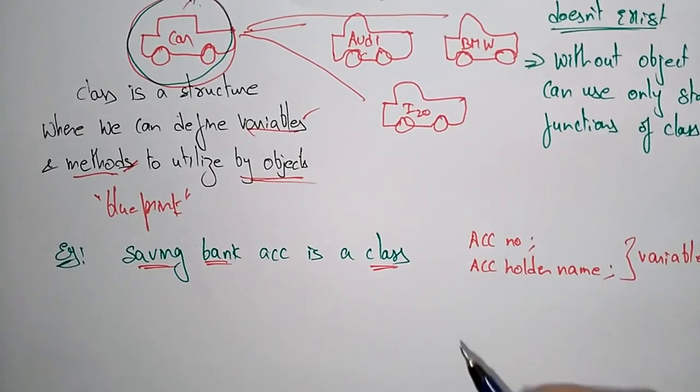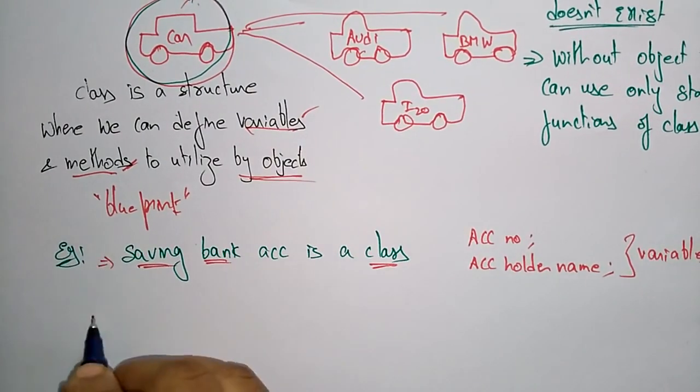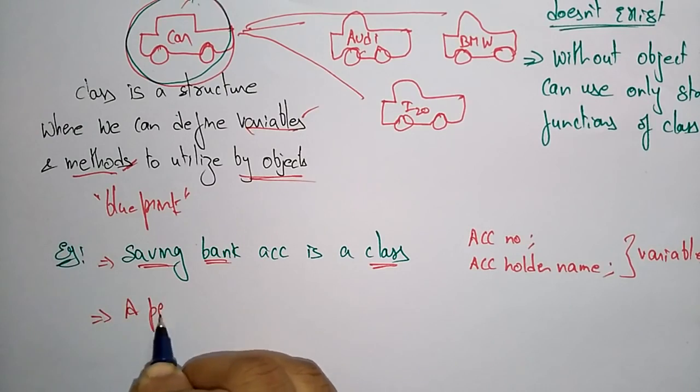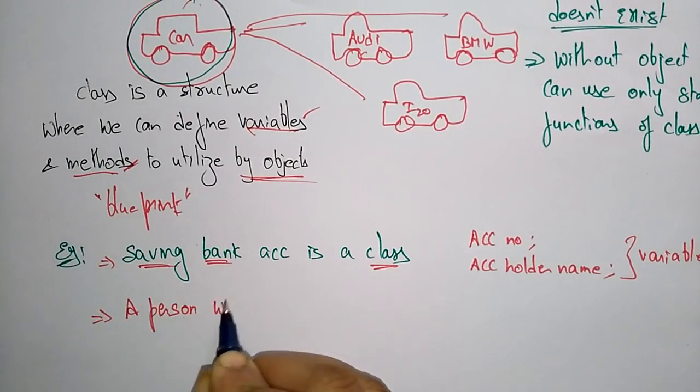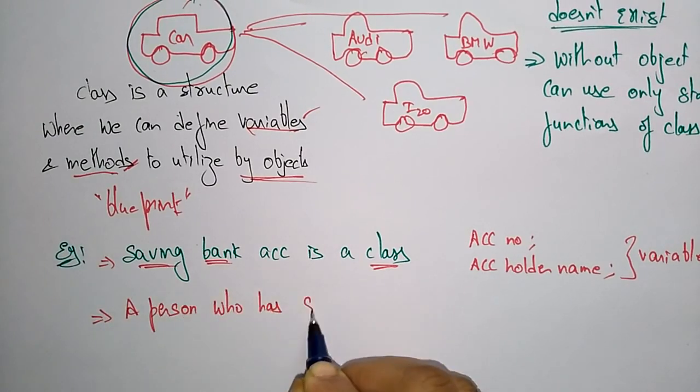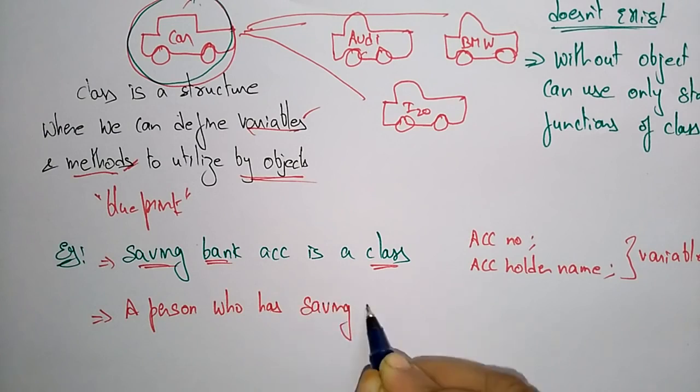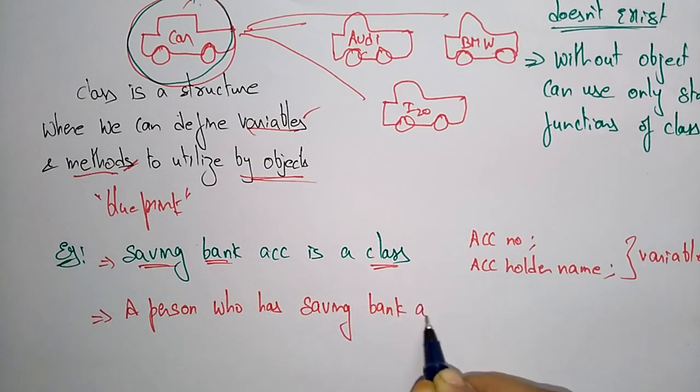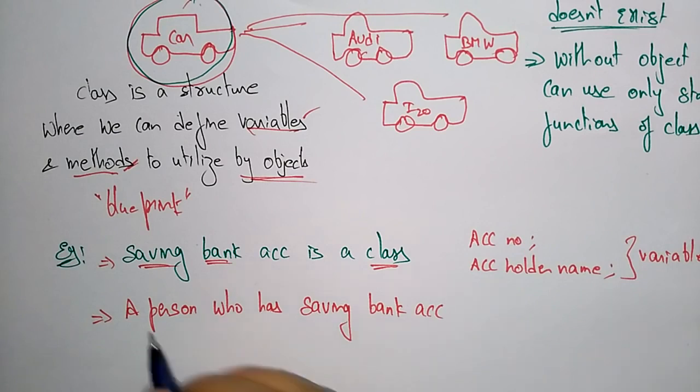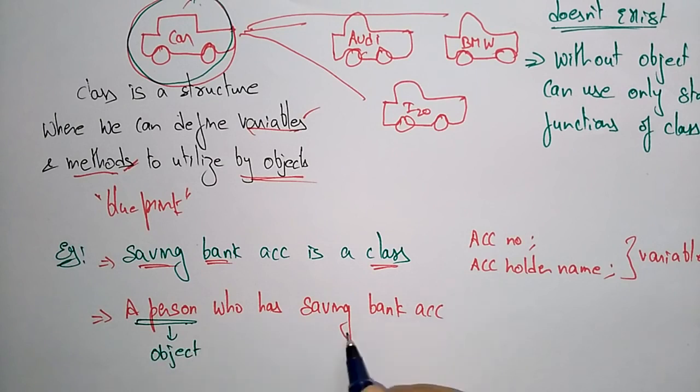A person who has a saving bank account, you call it as an object. So here the person is an object. Okay, person is an object, whereas saving bank account is a class.